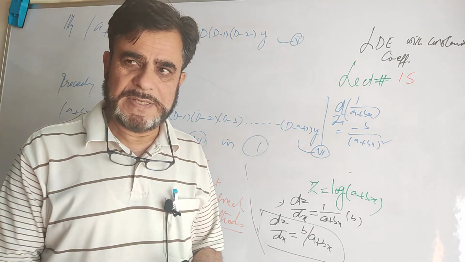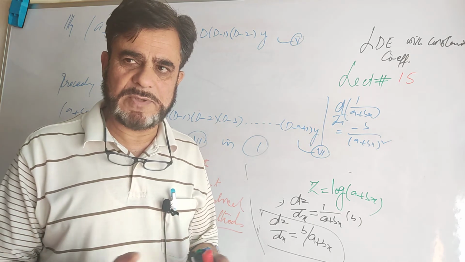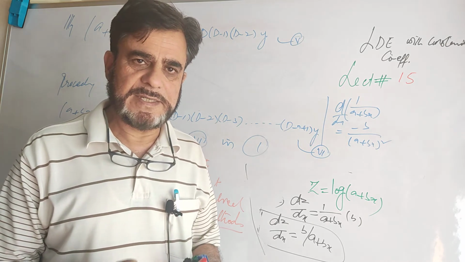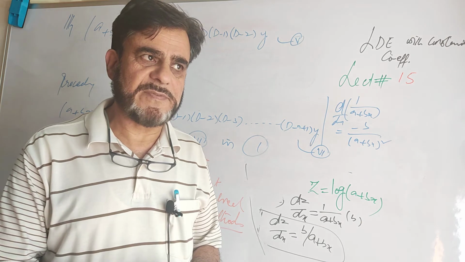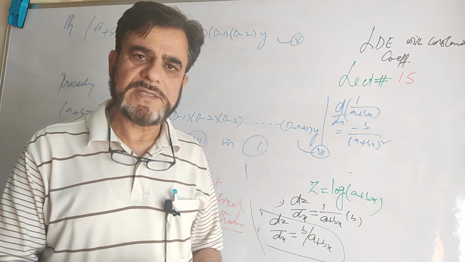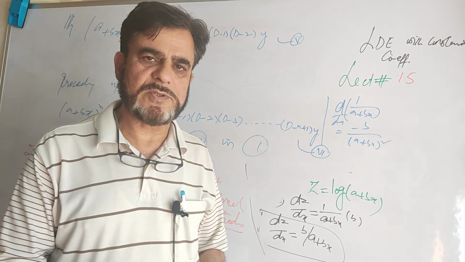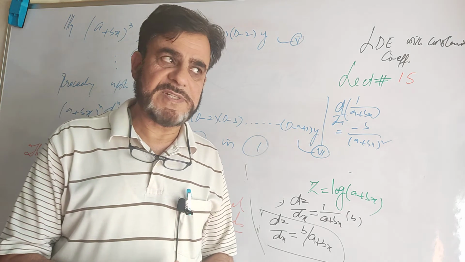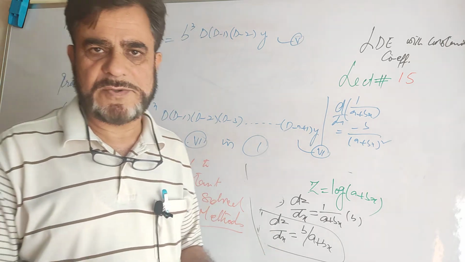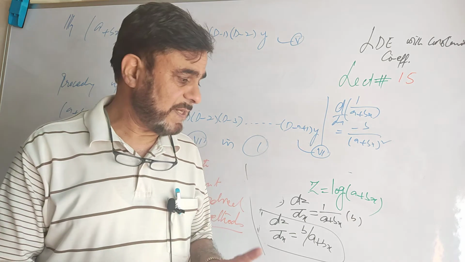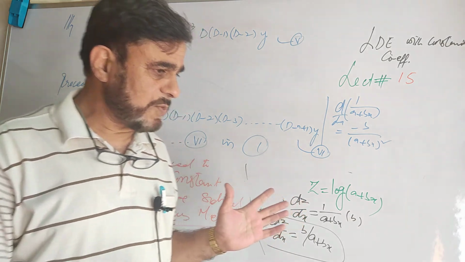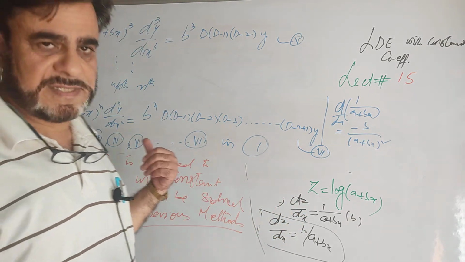But you see, in case of variable coefficients, there is some symmetry. Until it takes this form, that is equation number 1, only then you can make the suitable substitution. There are some other methods also for different types of equations which are with variable coefficients but can be reduced to the linear form. There can be some more, but I have heard some students saying that this is mentioned in their syllabus.